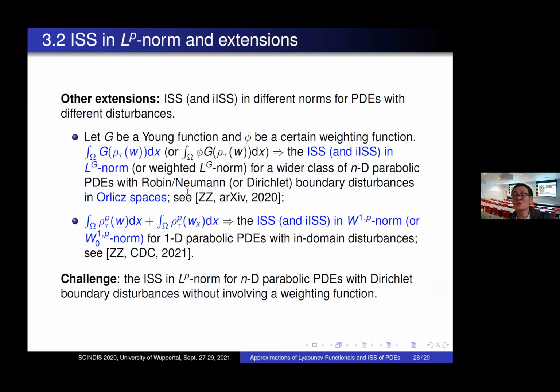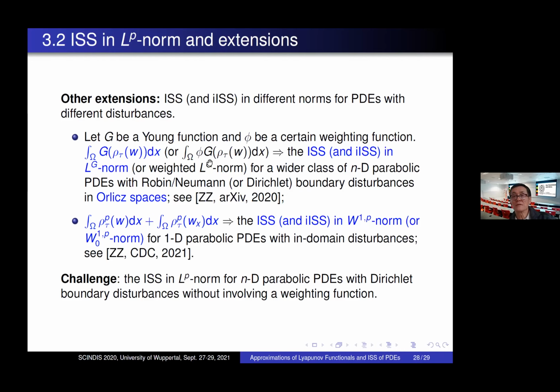We can also obtain other extensions. For example, if we consider a system in a more generic setting, for example in the whole space, we use a functional of this type where G is a unit function, so we can establish the ISS in the L^G norm for Robin and Neumann boundary conditions.